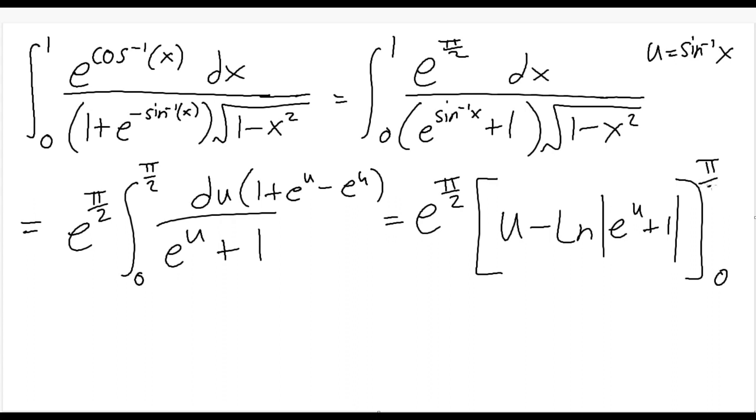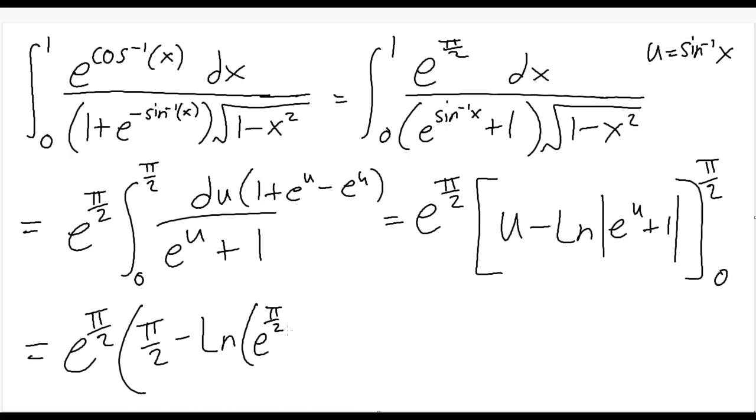So now we just plug in the limits. Plugging in 0, it's not 0, so be very careful with that. So it's pi over 2 minus the ln of e to the pi over 2 plus 1. And then plug in 0, we get minus ln of 2, so it's plus ln of 2.